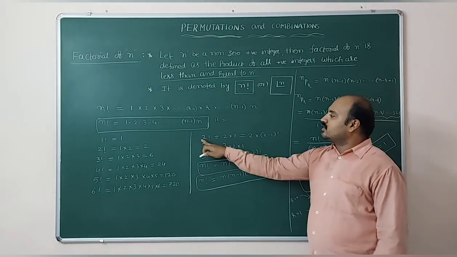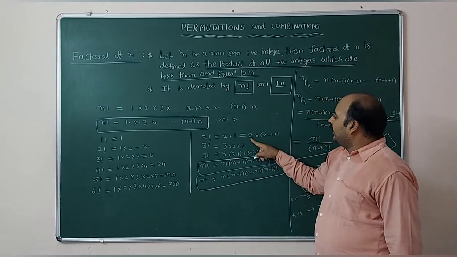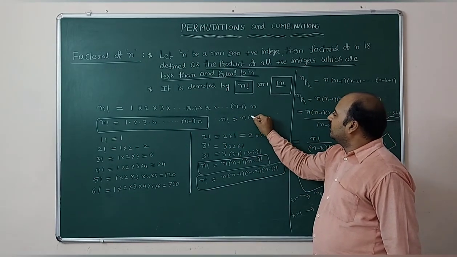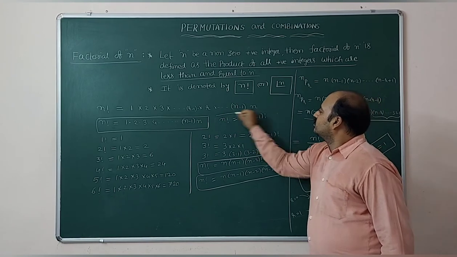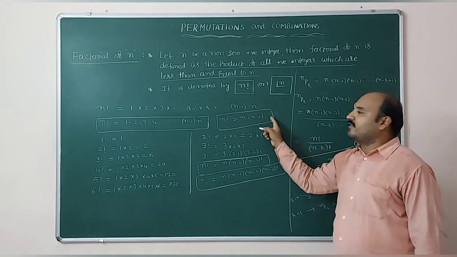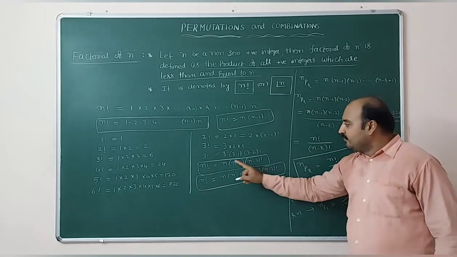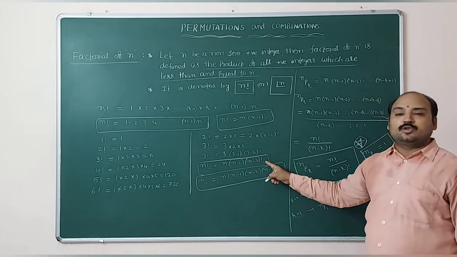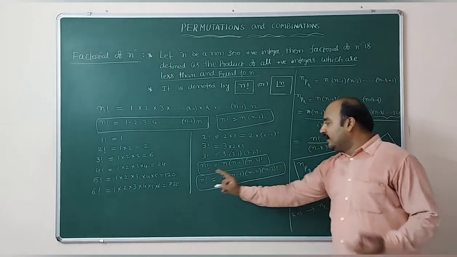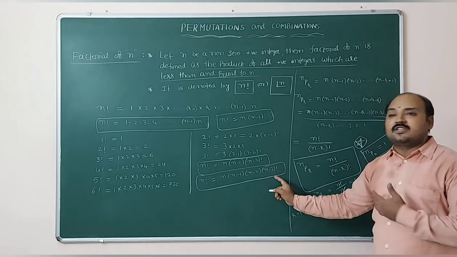In place of 2, substitute n: n factorial can be written as n into n minus 1 factorial. So if you want to write n factorial in terms of n minus 1, it is n into n minus 1 factorial. If you want to write n factorial in terms of n minus 2 factorial, n into n minus 1 into n minus 2 factorial. If you want to write n factorial in terms of n minus 3 factorial, n into n minus 1 into n minus 2 into n minus 3 factorial.